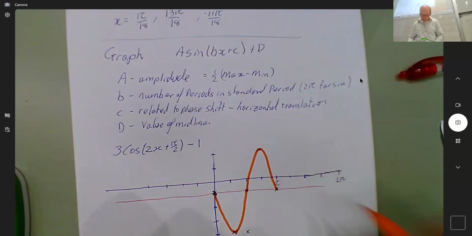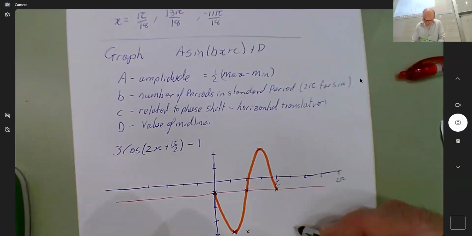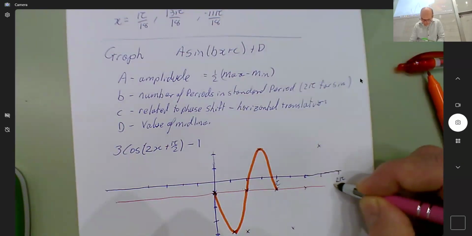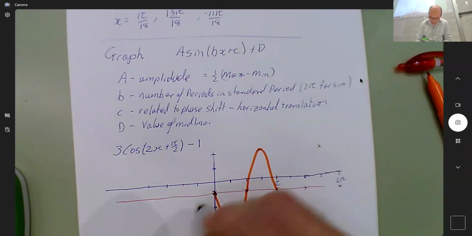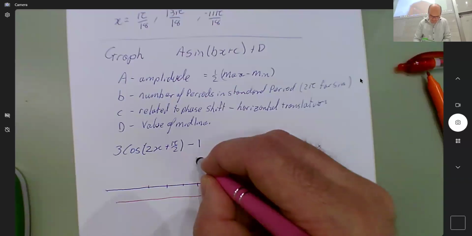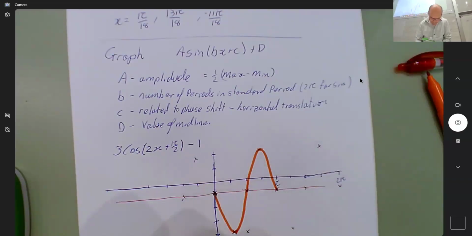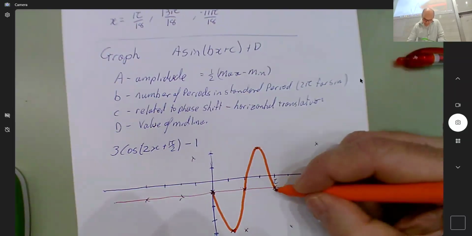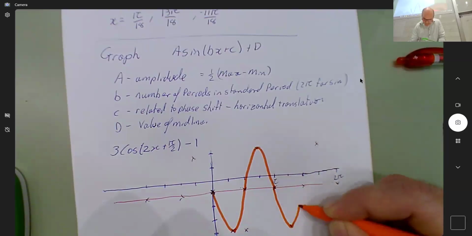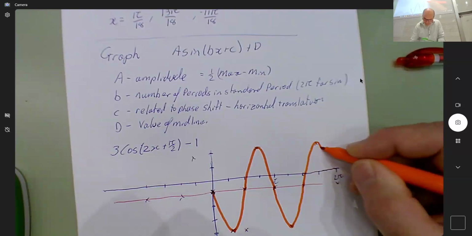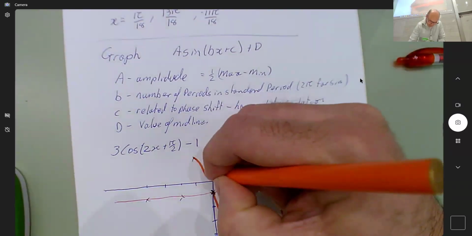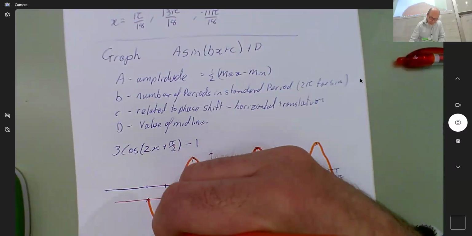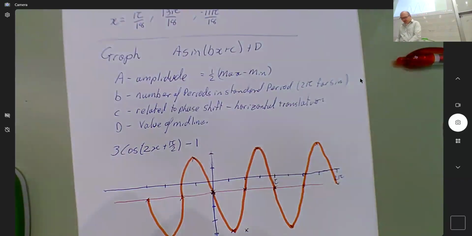And all I'm going to try and do is draw a nice sinusoidal wave between these points here. All right, sweet. That is what it should look like.